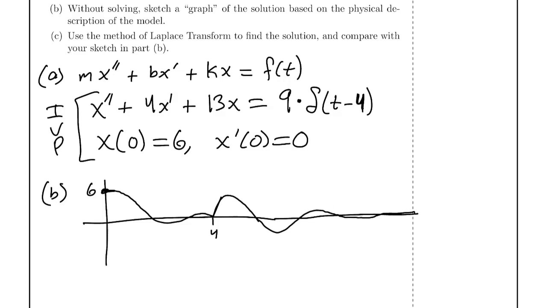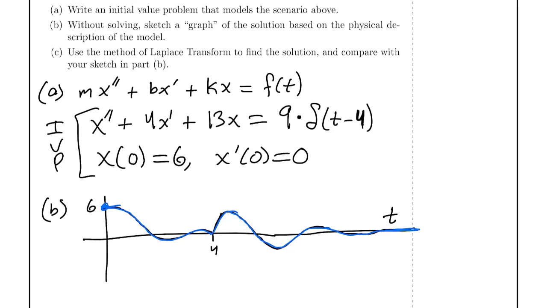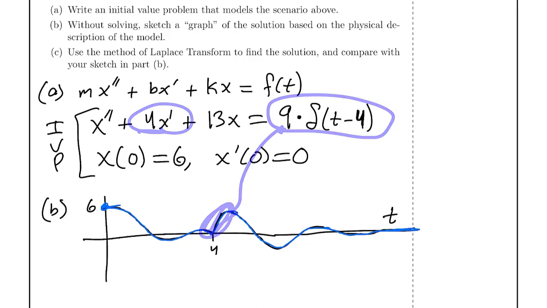So that's a rough sketch in t, and maybe I should have used another color for the solution. There's the initial velocity coming in, impulse force, and then decaying back down to 0, essentially. So that is a rough sketch of the graph of the solution based on the physical description, knowing the fact that it's underdamped, and then adding in that impulse force at 4 seconds.